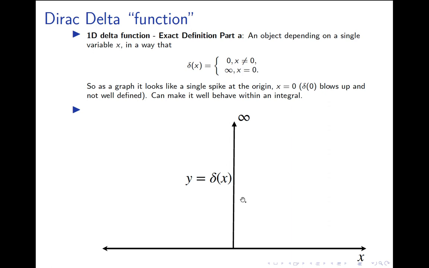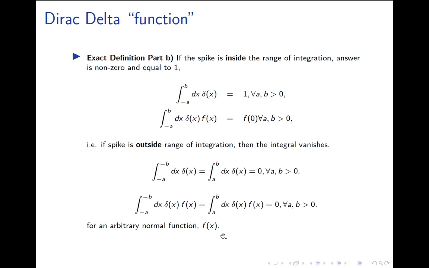Now you take the limit in which L goes to infinity and the width 1 over L goes to 0. So the limit of a sequence of such rectangles will give you the delta function.